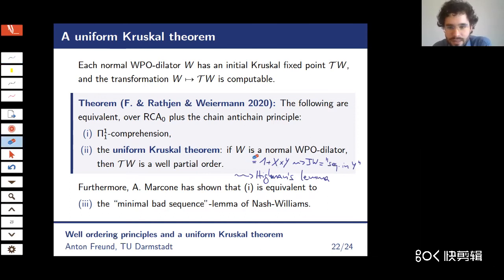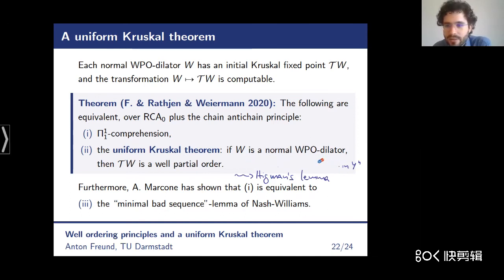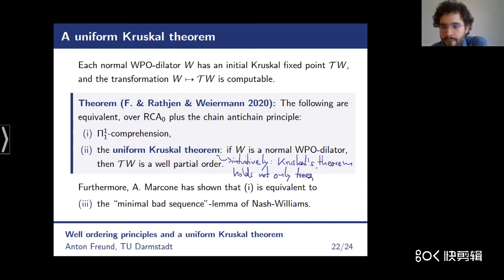And maybe it's also good to provide a somewhat more intuitive formulation of the uniform Kruskal theorem. So on an intuitive level, what the uniform Kruskal theorem says is precisely that Kruskal's theorem holds not only for trees, so the original theorem was for trees, but for all recursive data types.